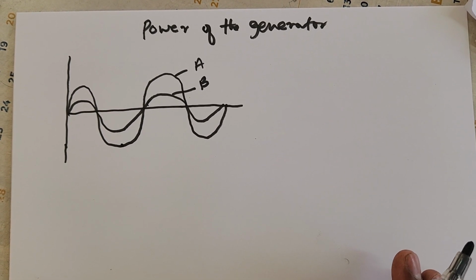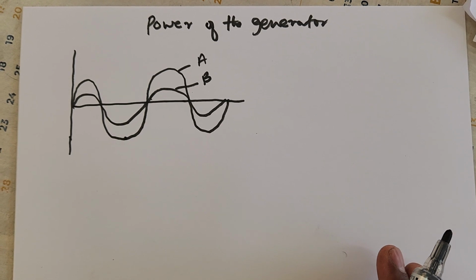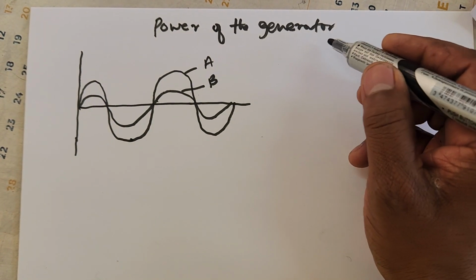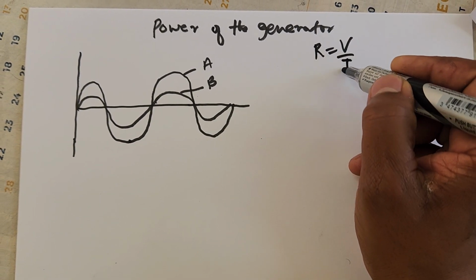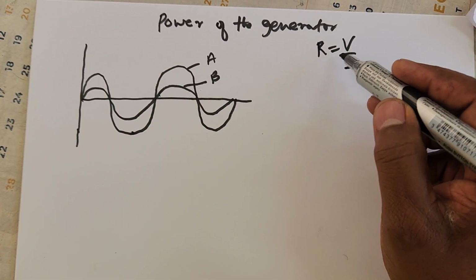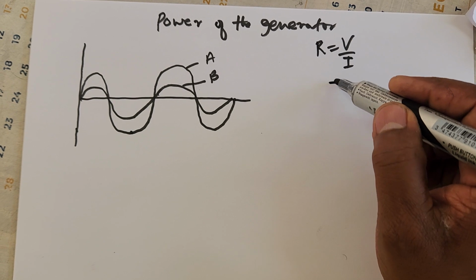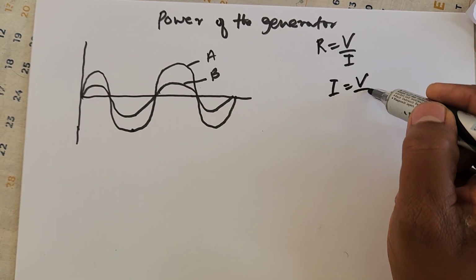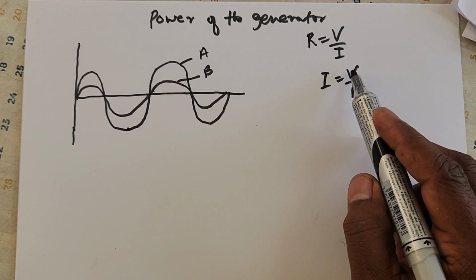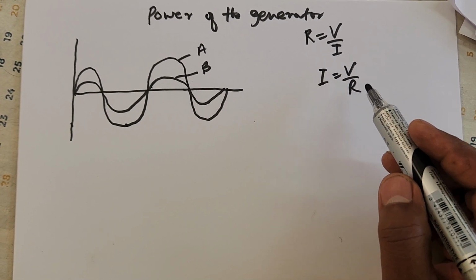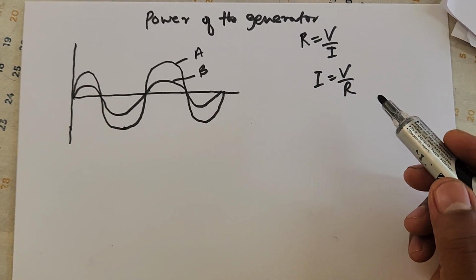So as a grade 12 learner in physical sciences, you must know that from the formula of Ohm's law, which says R equals V over I, if you solve for I, you find that I equals V over R, meaning that current is a fraction of the voltage divided by the resistance.